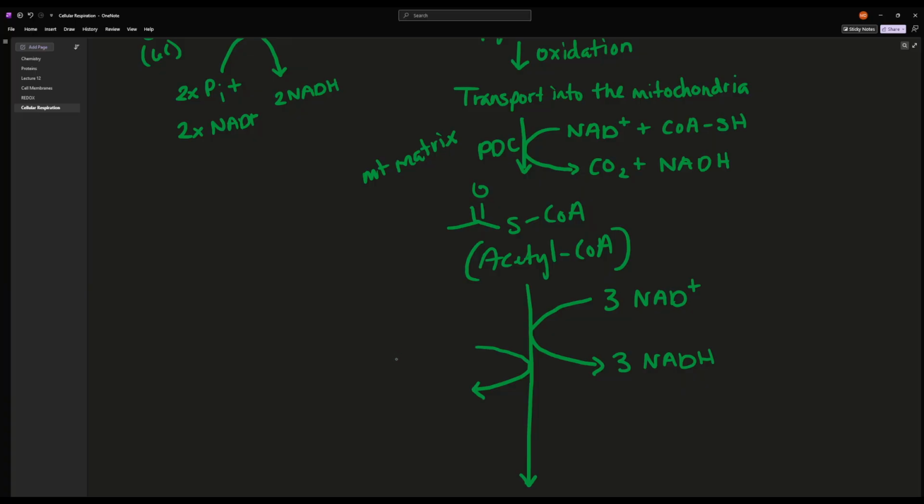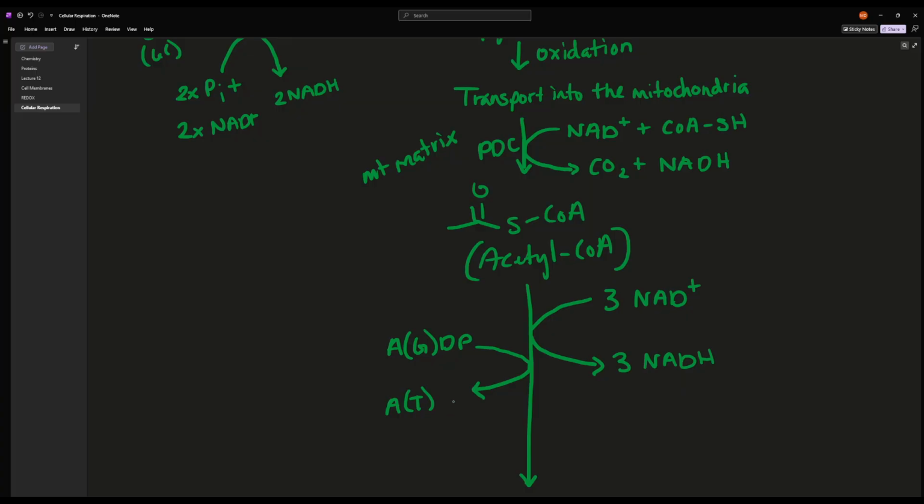Now, depending on the very specific enzyme that does this, which if you're curious is the succinyl-CoA synthetase enzyme, it will either produce ATP or it might produce GTP. They are essentially analogs of each other, or they're essentially brothers.